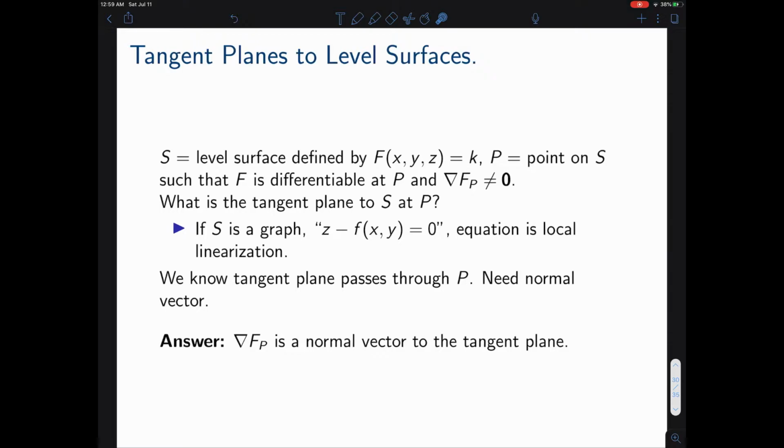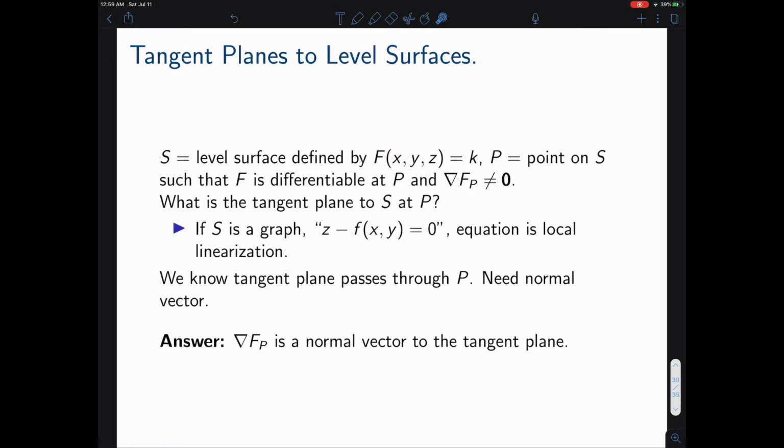All right. Now we're ready to figure out tangent planes to level surfaces. So let's take a surface S defined by one of these equations, f of x, y, z equals k, and a point P on S. We're going to put the requirement that at that point our function has to be differentiable.